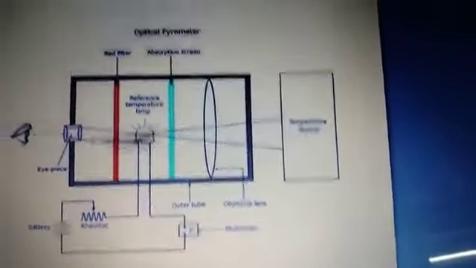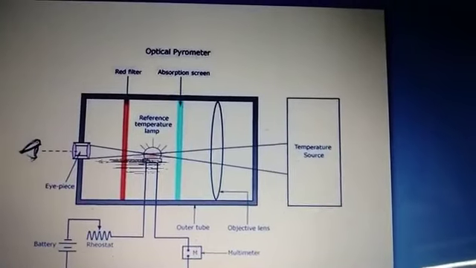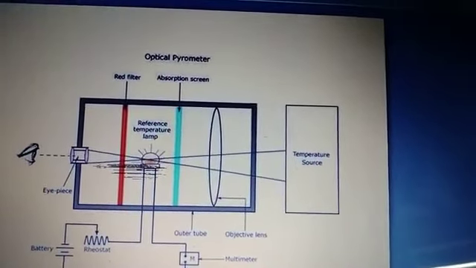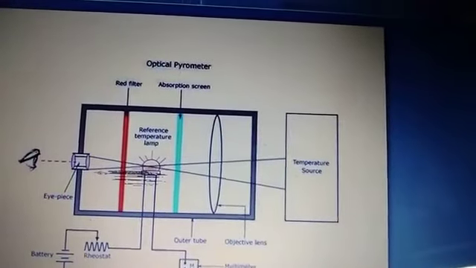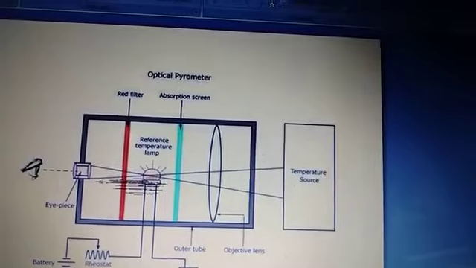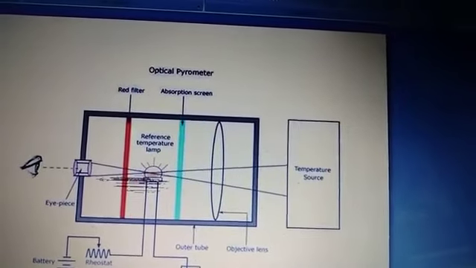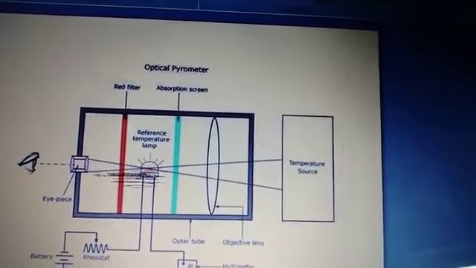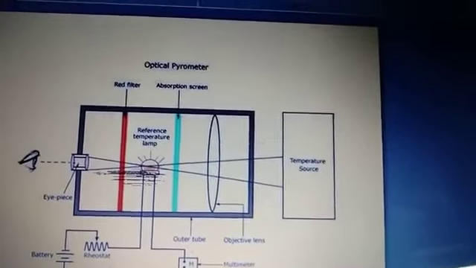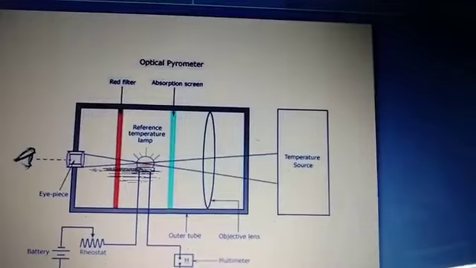The main principle of operation of the optical pyrometer is to measure the temperature by seeing the brightness of the radiation zone. If the brightness of the radiation zone is more, the temperature is also more. If the brightness is less, the temperature is less.